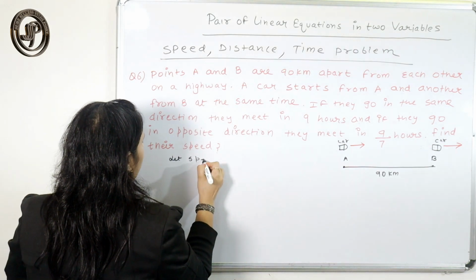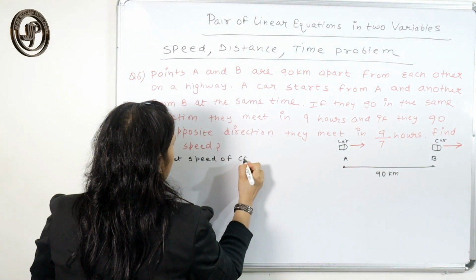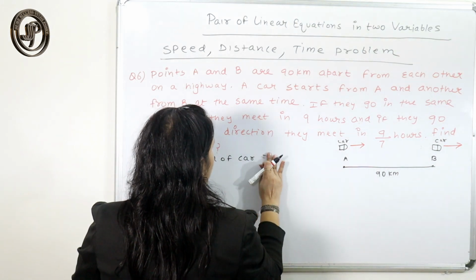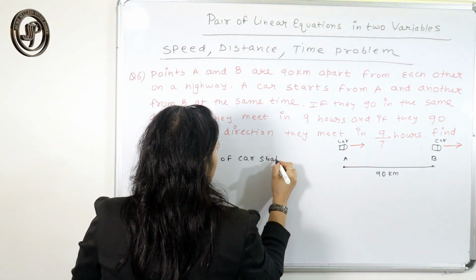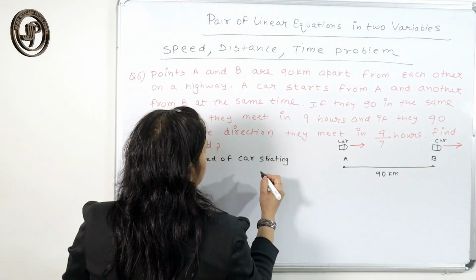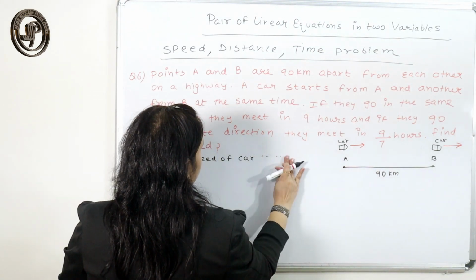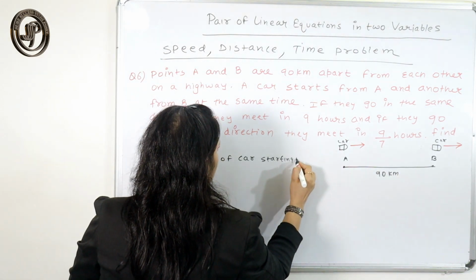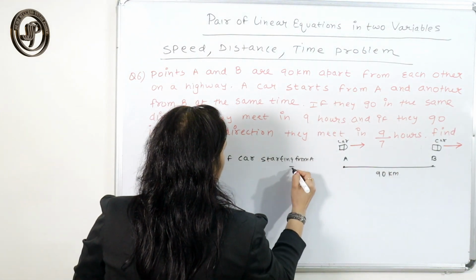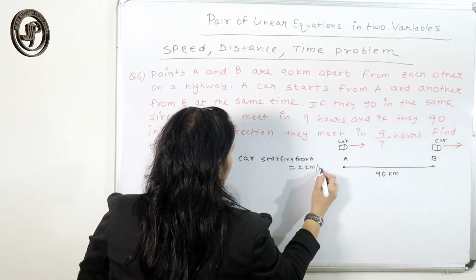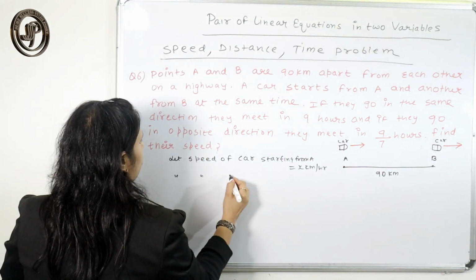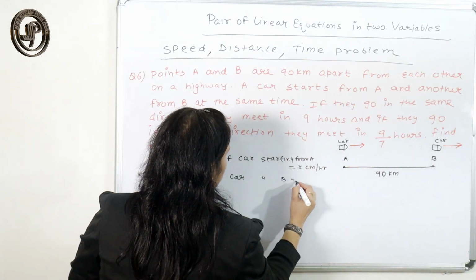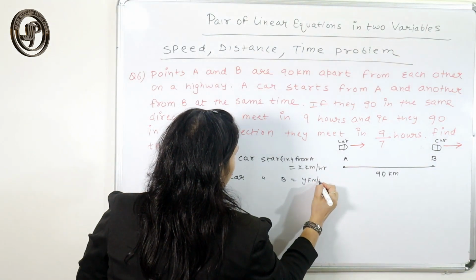Let the speed of the car starting from A be x kilometer per hour and the speed of the car starting from B be y kilometer per hour.